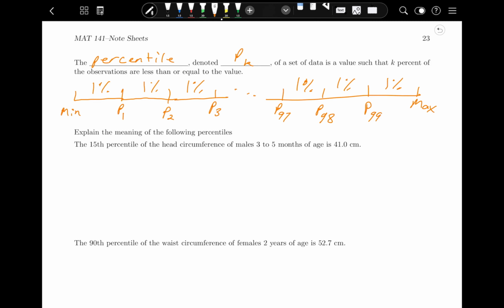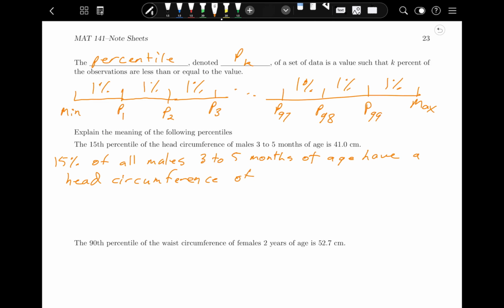So that means that 15% of all males 3 to 5 months of age have a head circumference of 41.0 centimeters or less. Okay, so 15% of the data is at that value or smaller.